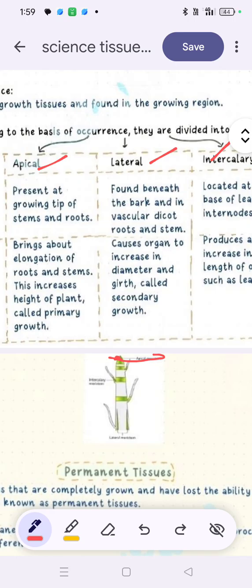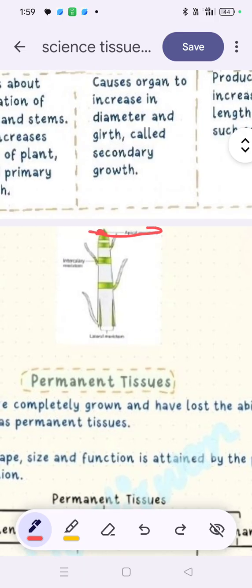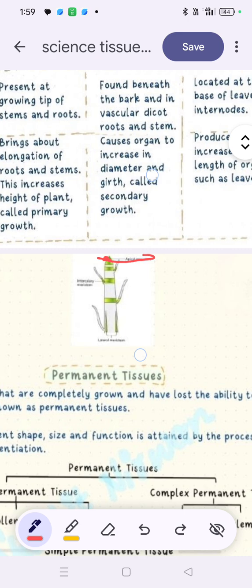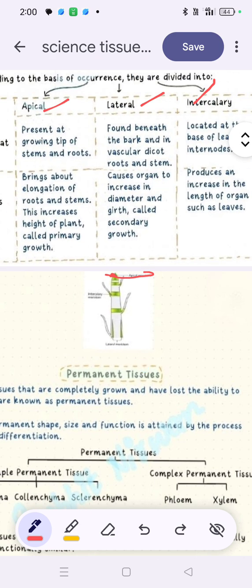It is present in the stems and roots of the plant. Then we go to the intercalary. Intercalary is present in the vascular region of roots and stems. It helps increase the diameter and is also called secondary growth.